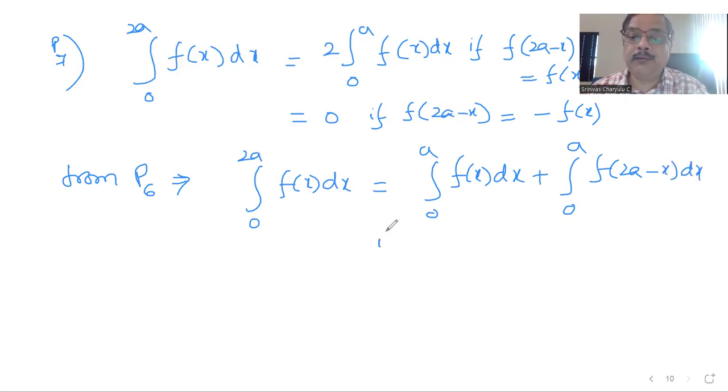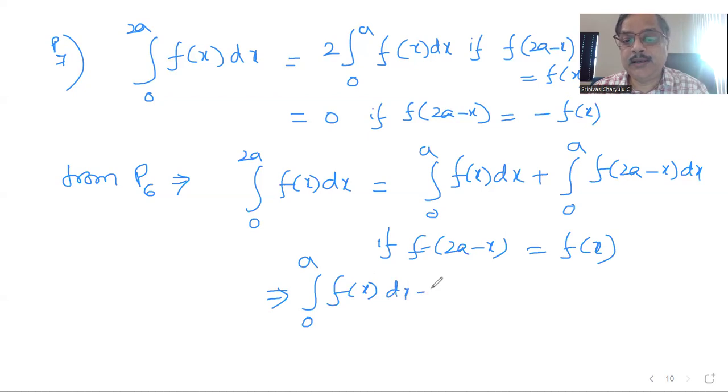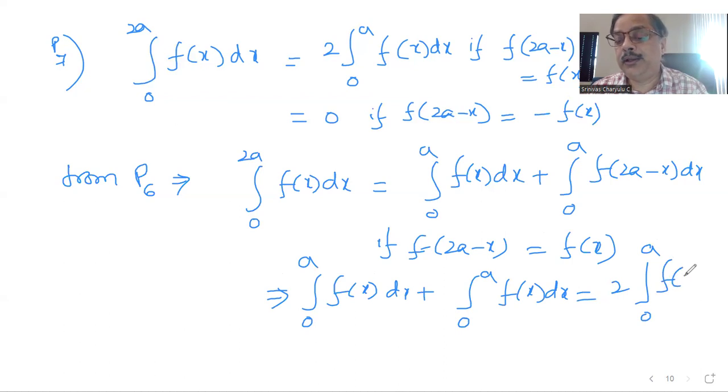Now, if f of 2a minus x is equal to f of x, then what will happen? 0 to a f of x dx, 0 to a f of x dx. This will become 2 integral 0 to a f of x dx.